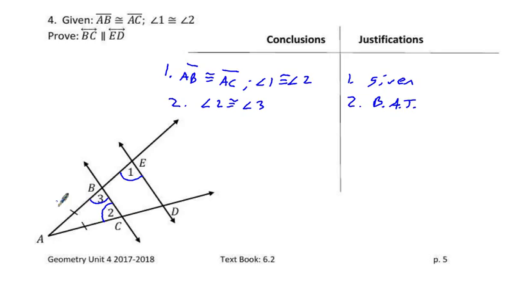And this time I went from isosceles triangle to now know that the angles are congruent. That was the base angle theorem, not the converse. The next thing, I have now introduced this other congruent angle, 3, which was congruent to 2, but it's also congruent to 1 because of the transitive property of congruence.